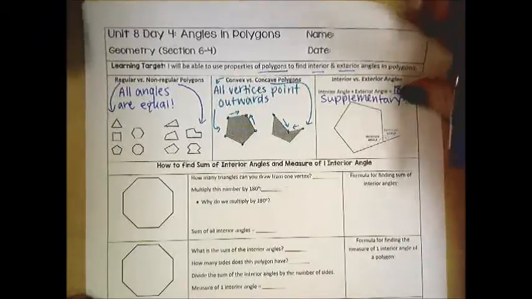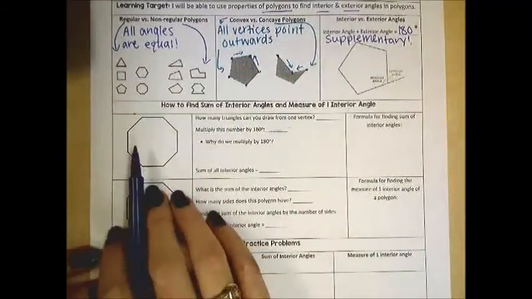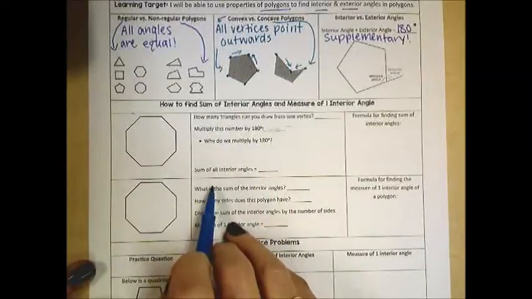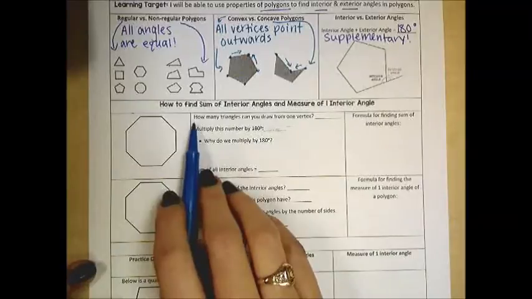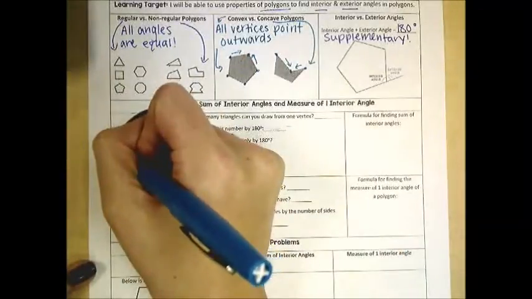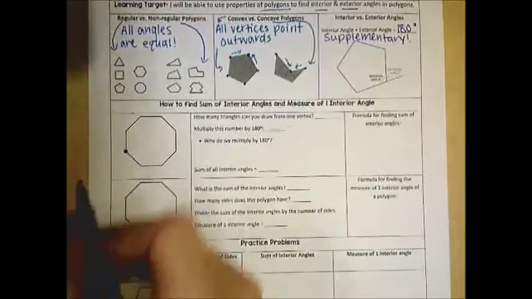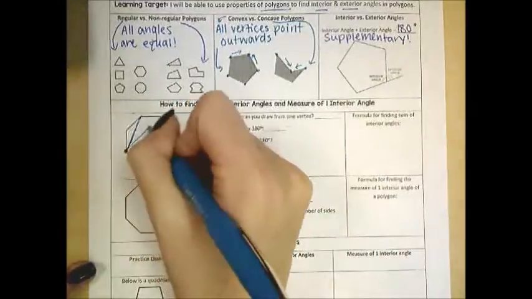All right, so now let's talk about how to actually find the measures of interior angles. We're just going to walk through finding the formula for the sum of interior angles. The first thing I want you to do is draw triangles from one vertex. So if I pick this vertex over here, I want to see how many triangles I can make in my polygon.